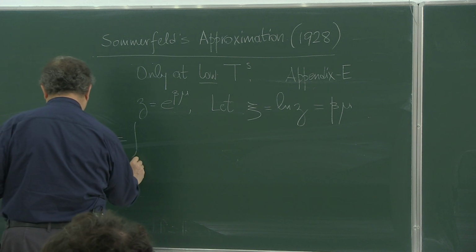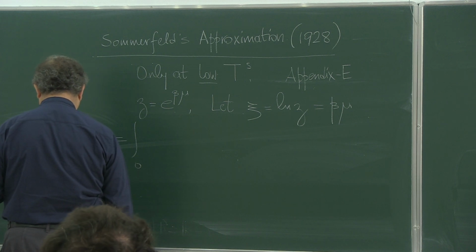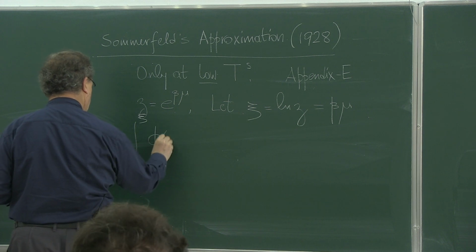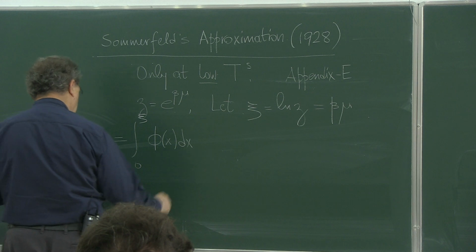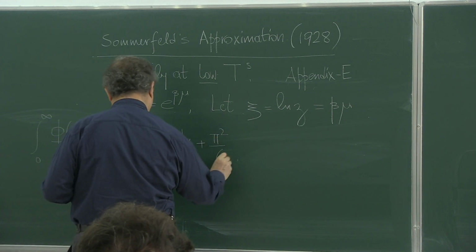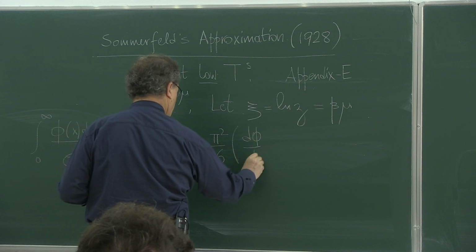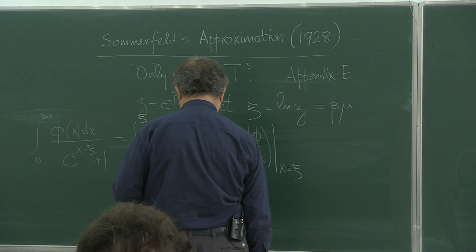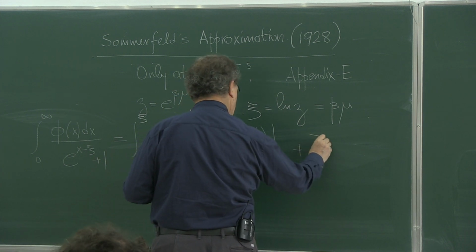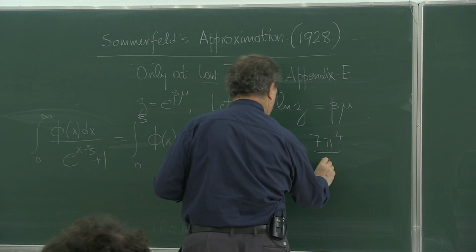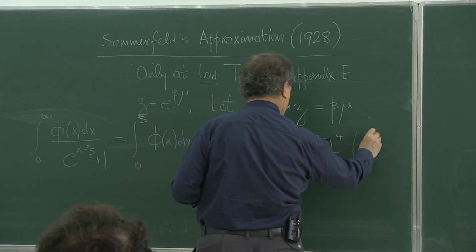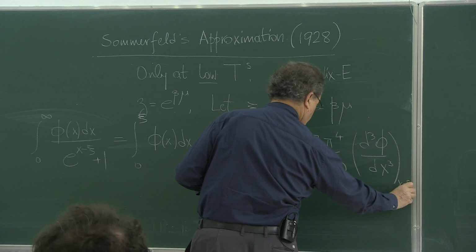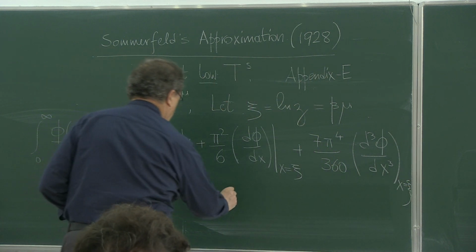In this approximation, it is the integral from 0 to c of phi(x) dx, plus the derivative of phi calculated at x equals c, plus 7 pi to the fourth, plus higher order terms.